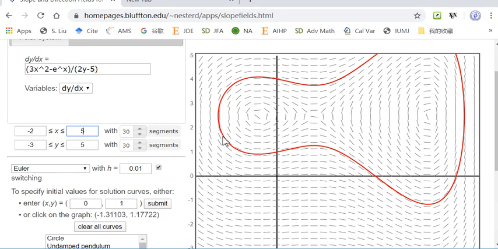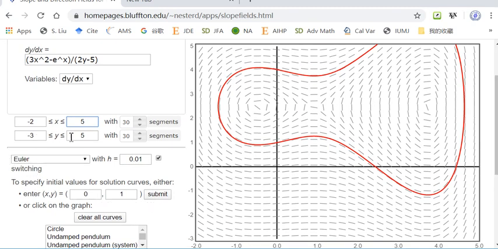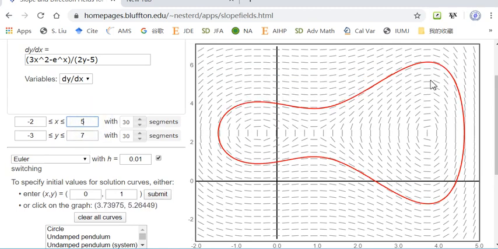But we see that part of this integral curve is still out of the scope of this picture. So we increase the range of y a little bit, maybe 7. We try, and we see that the curve becomes like this.